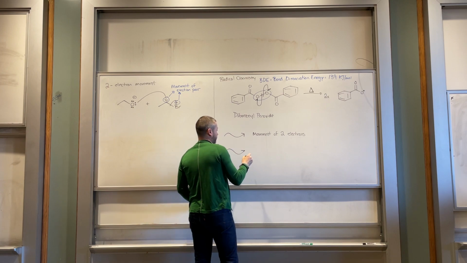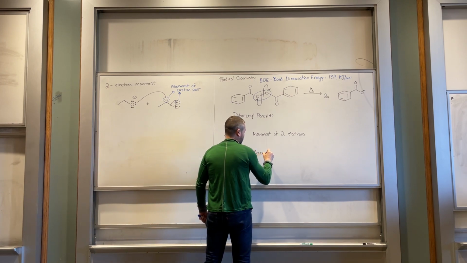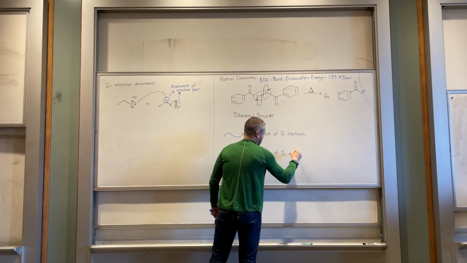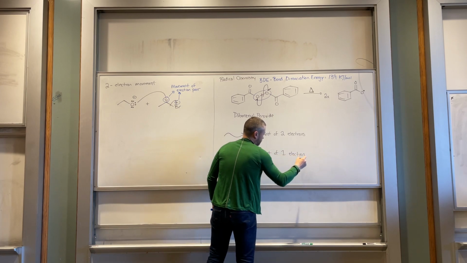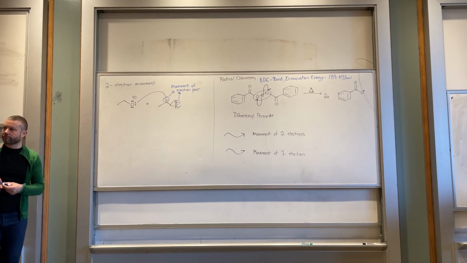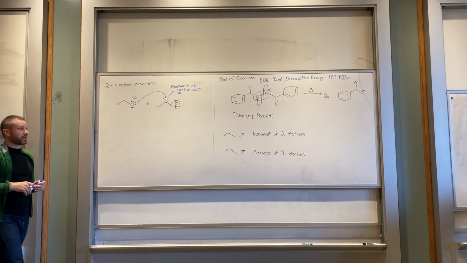And a single fishhook indicates the movement of one electron. So we're going to have to learn in this chapter a slightly different style of accounting for the reactions, a slightly different style of showing mechanisms.